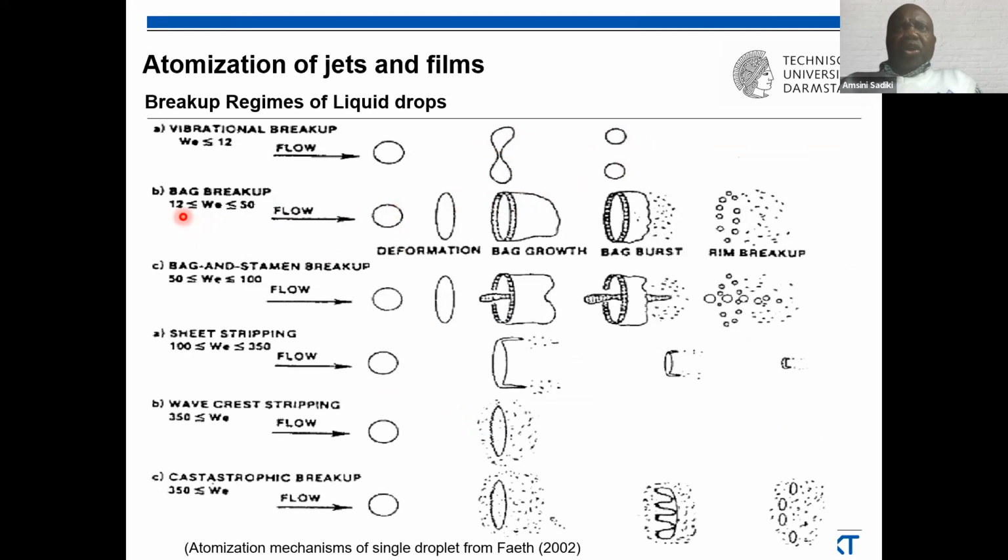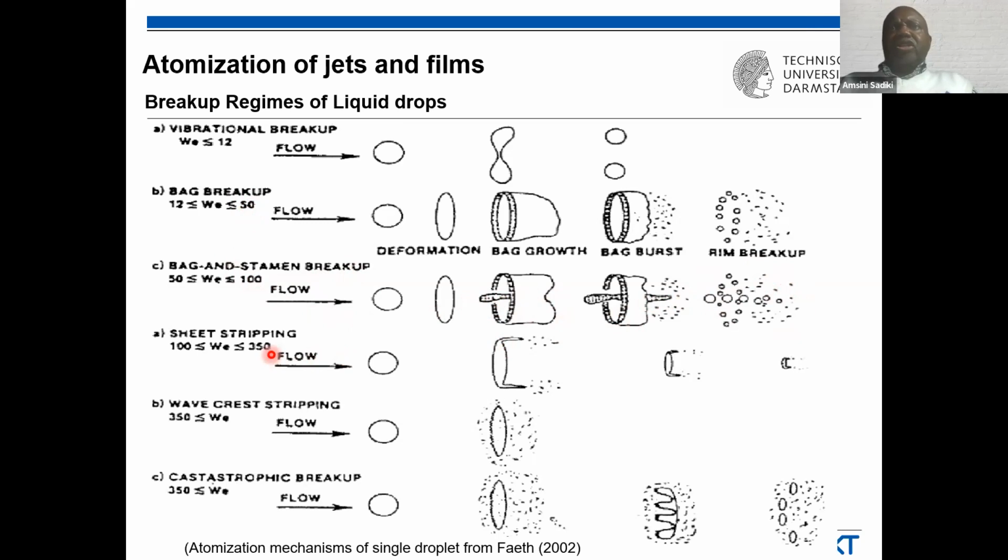So between 12 and 50, we have the bag breakup, and we have first the deformation. The deformation, then the bag bursts, and here we have the rim breakup. So the bag-and-stamen breakup, if we are between 50 and 100, we see first the bag deformation, and this comes out, and then it can grow and break up at this area.